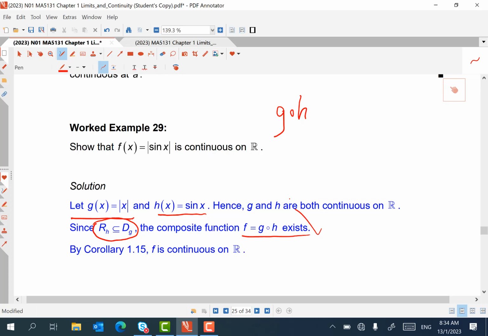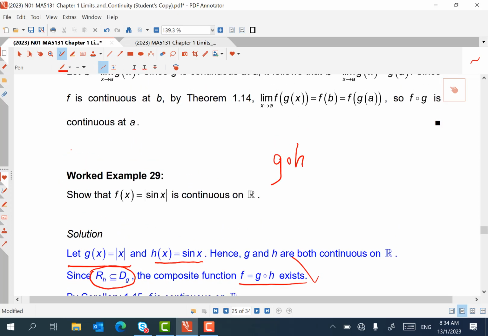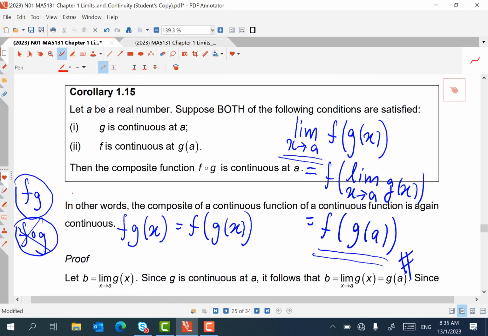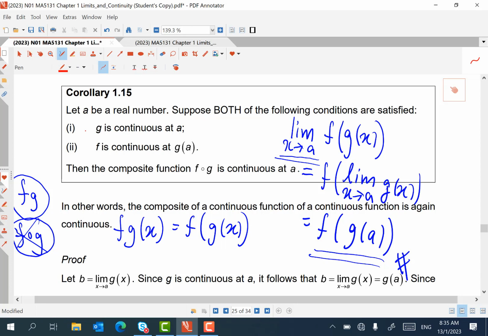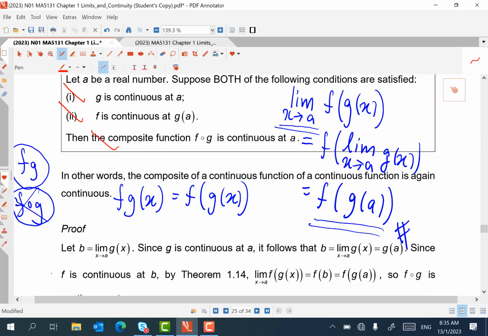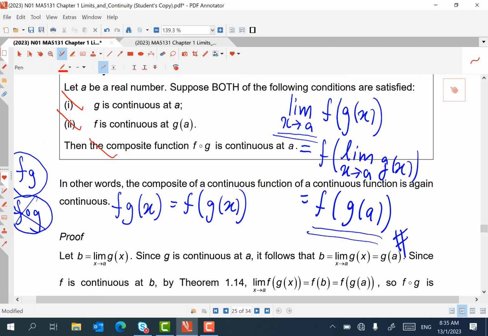Okay, so by the earlier result, this result says if these two conditions are satisfied, then the composition is continuous at the point a. So we apply this theorem for every point on the real line, and for every point on the real line, these two conditions are satisfied.